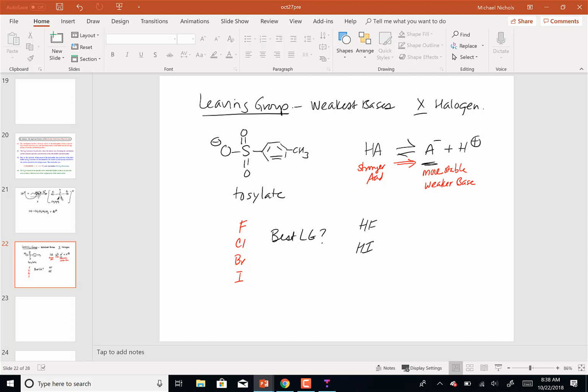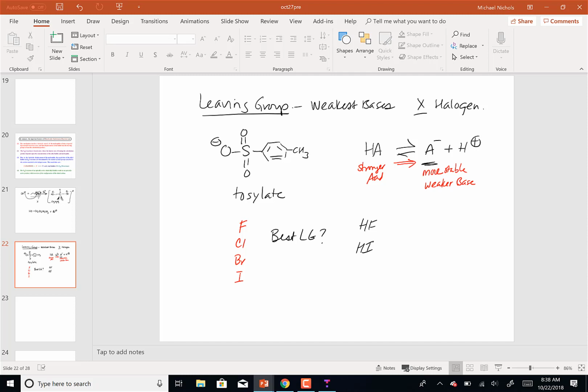You voted for HF? So what kind of acid is HF? If I put it in water, is it strong or weak? If I put HF into water, is it going to completely dissociate or is it only going to partially dissociate?